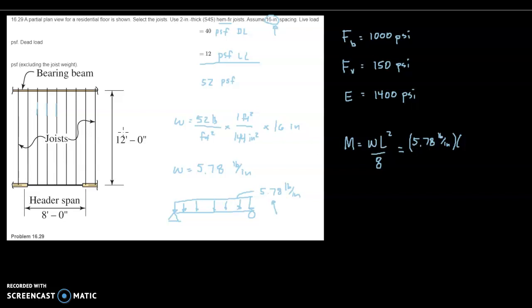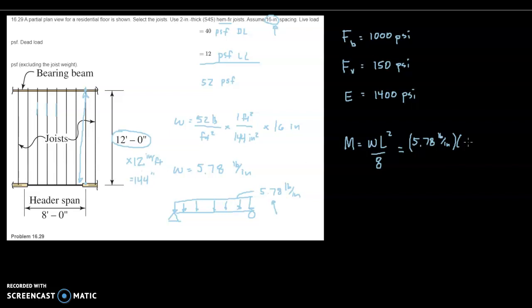So the span length of one of these joists was 12 feet. So from one support to the other, the way we're looking at this, the length of the joist, the span length is 12 feet. So 12 feet times 12 inches per foot is going to give me 144 inches.